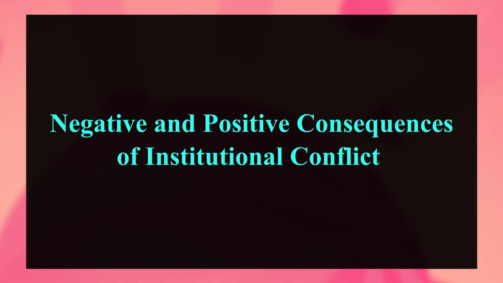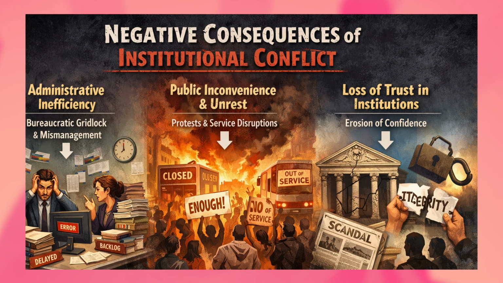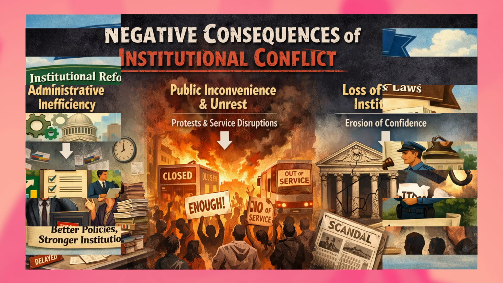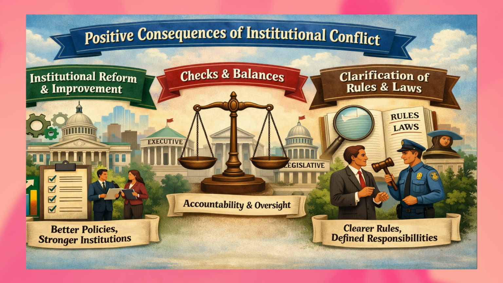Consequences of institutional conflict may be negative or positive. Negative consequences include administrative inefficiency, public inconvenience and unrest, loss of trust in institutions. Positive consequences include institutional reform and improvement, checks and balances, clarification of rules and laws.